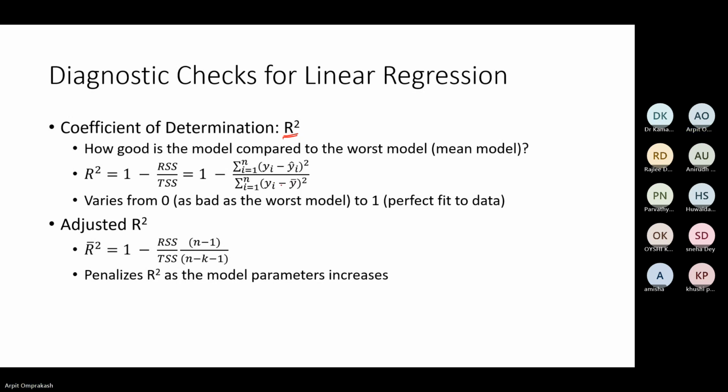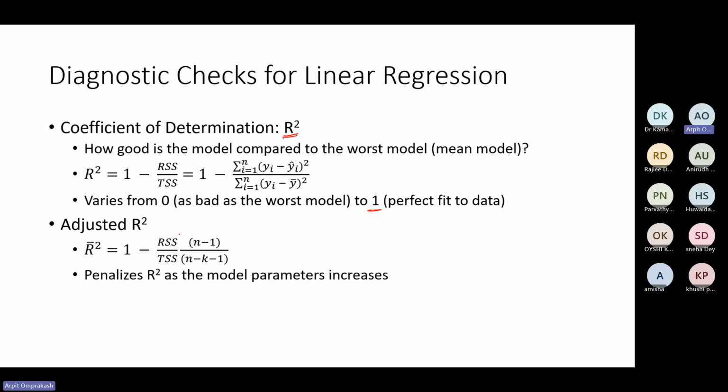Okay. So our R square value here varies from 0 to 1. If you get an R square value of 0, your model is performing as bad as the mean model, or the worst model in this case. However, if you have an R square value of 1, your model is perfectly fitting the data.